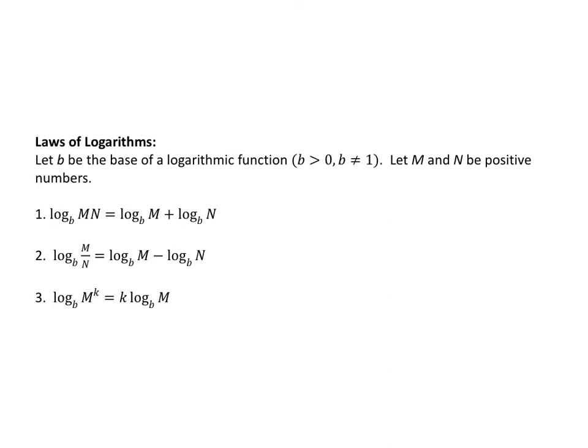So when you're taking the log of some base of two values being multiplied together, what you can do is separate them as two separate logarithms. They have the same base, and then you add them together. Similarly, if we're taking the logarithm of two things being divided, we separate them and we subtract.